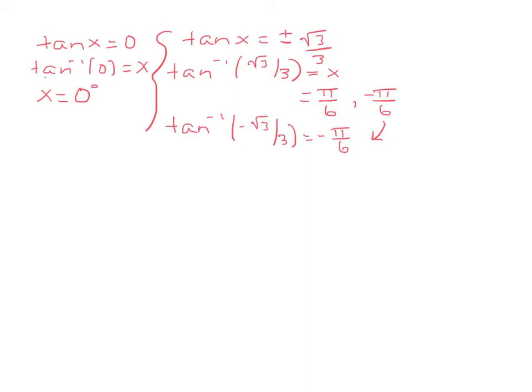Because in order to get a negative from tangent, we need to be either in the first quadrant or the fourth quadrant from our graph of tangent, and to get negative values, we certainly wouldn't be in the first quadrant, so we have to be in the fourth quadrant, and that would be going down, so negative pi over 6.